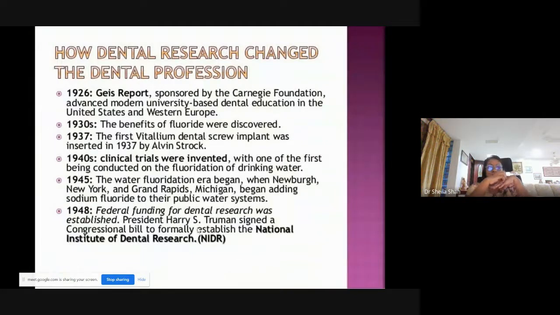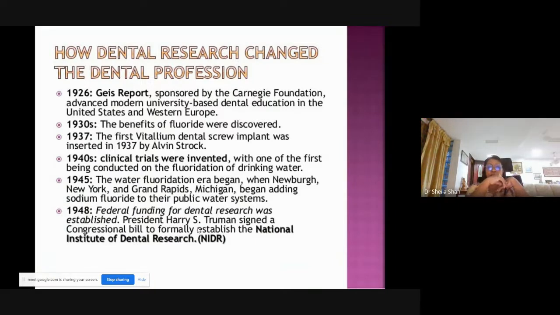Now I'm going to talk a little bit about the progress in dental research. In 1926 itself, they already had the foundation to give dental education, started in the United States and Western Europe. Then in the 1930s, the benefit of fluoride was discovered.